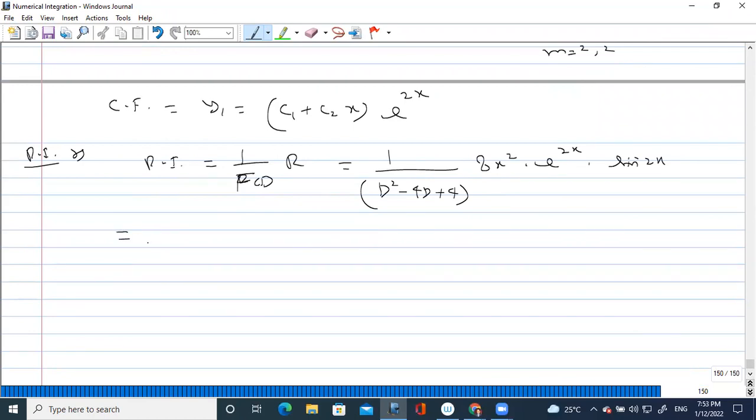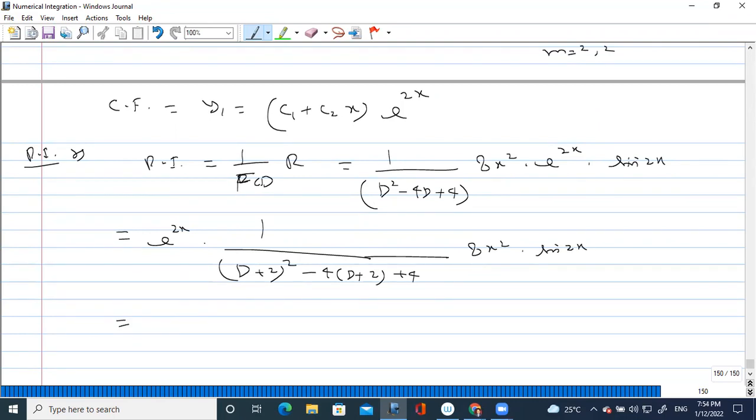So e to the power 2x will come this side, then it will become d plus 2 whole square. In place of d, you write d plus a. A is 2 here, minus 4 into d plus 2, and plus 4. Then it is remaining only 8x square into sine 2x.